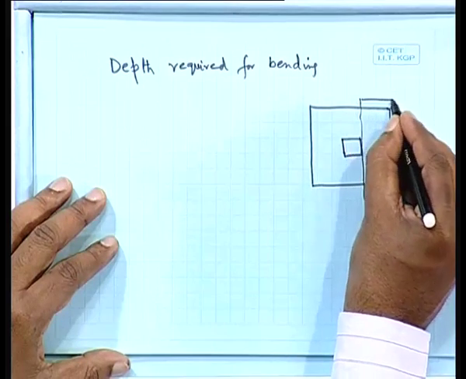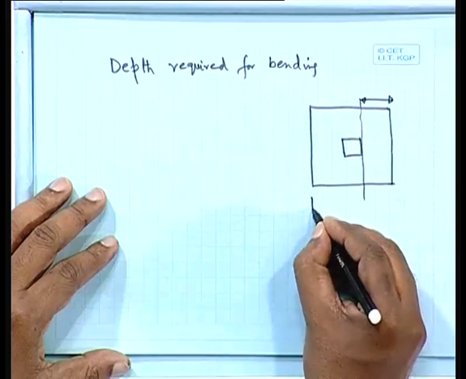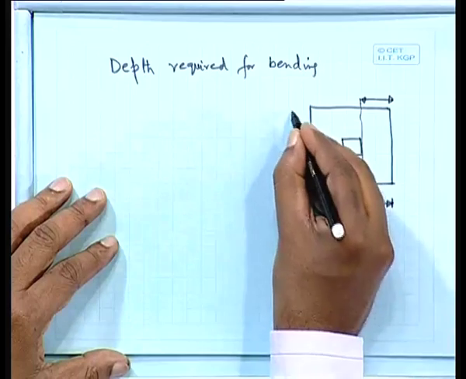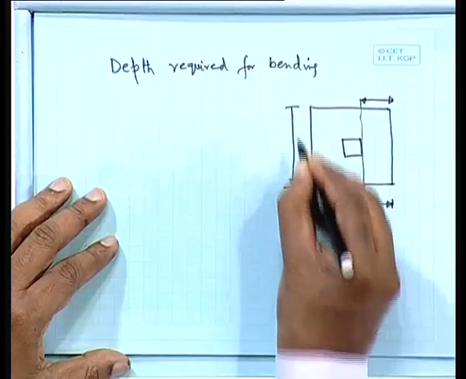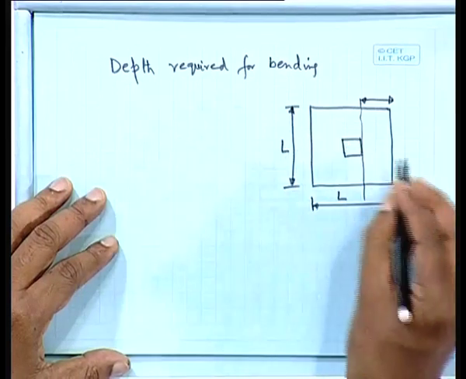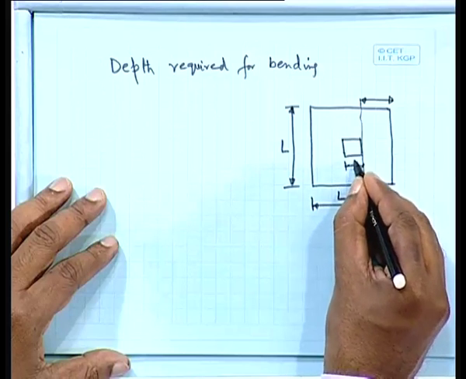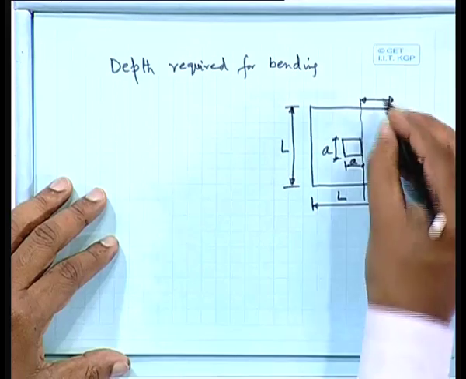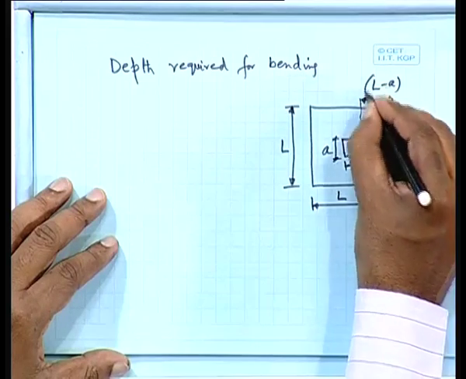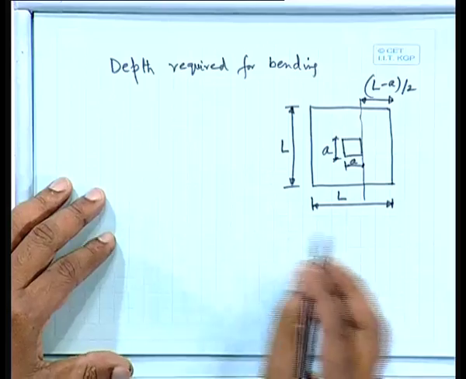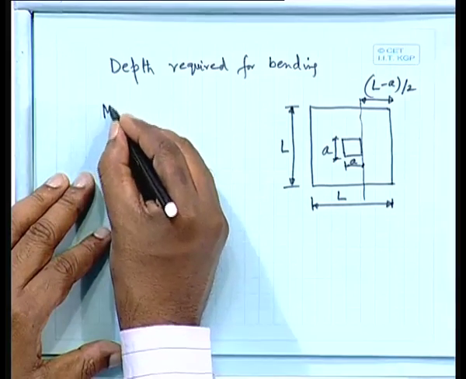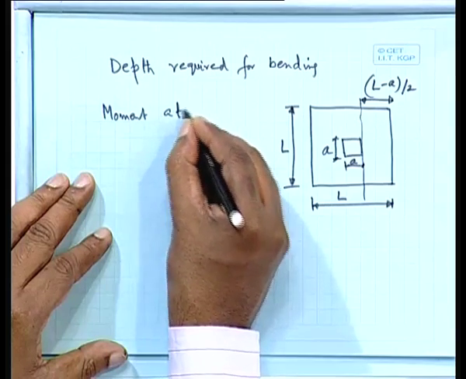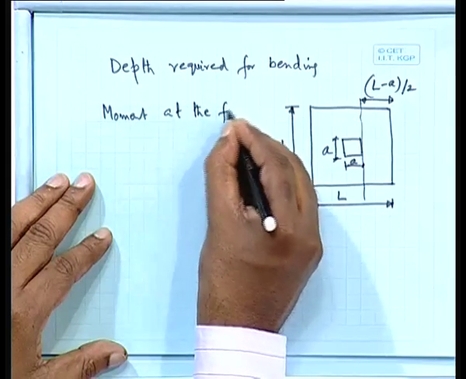So, this one will be equal to, this is your L and this is your A. So, L minus A by 2, moment at the face of the column.